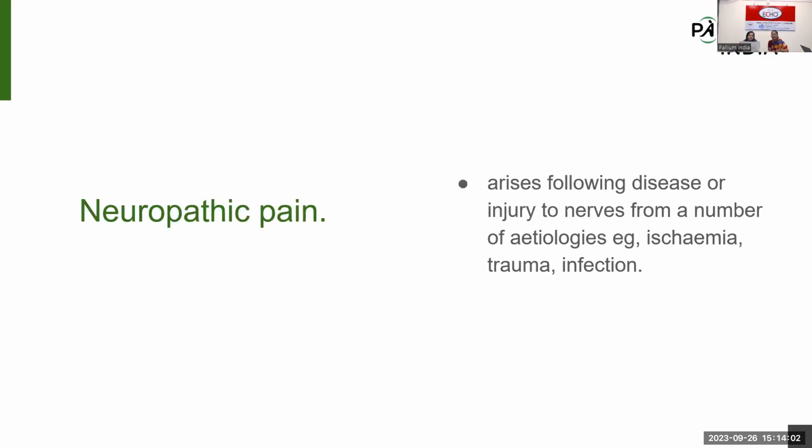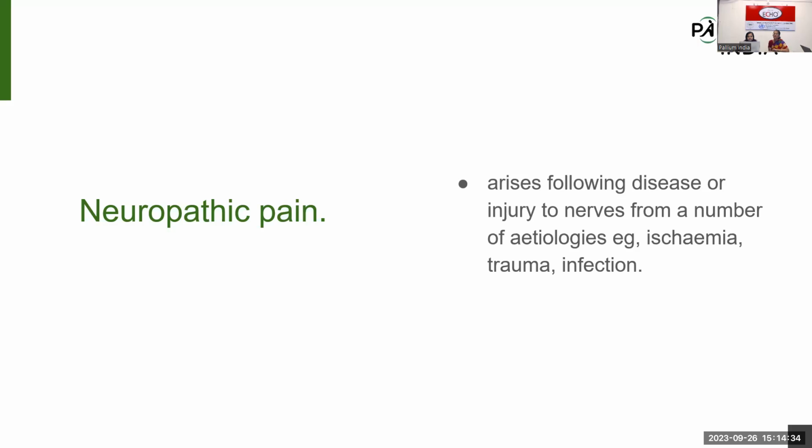And in neuropathic pain, it could be due to a direct injury or a potential injury, and due to various other causes, which I mentioned in this slide. It could be due to ischemia, trauma, infection, tumor. All these can cause neuropathic pain, especially malignancies, radiotherapy, chemotherapy.